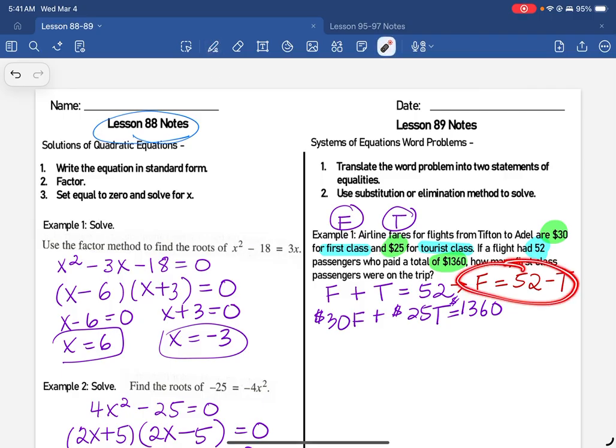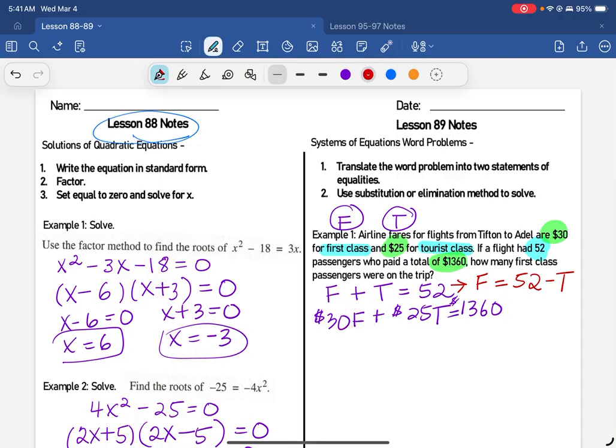F is 52 minus t, so we're going to substitute 52 minus t in for f and solve carefully. All right, so we have 30 parentheses 52 minus t close parentheses plus 25t equals 1360.